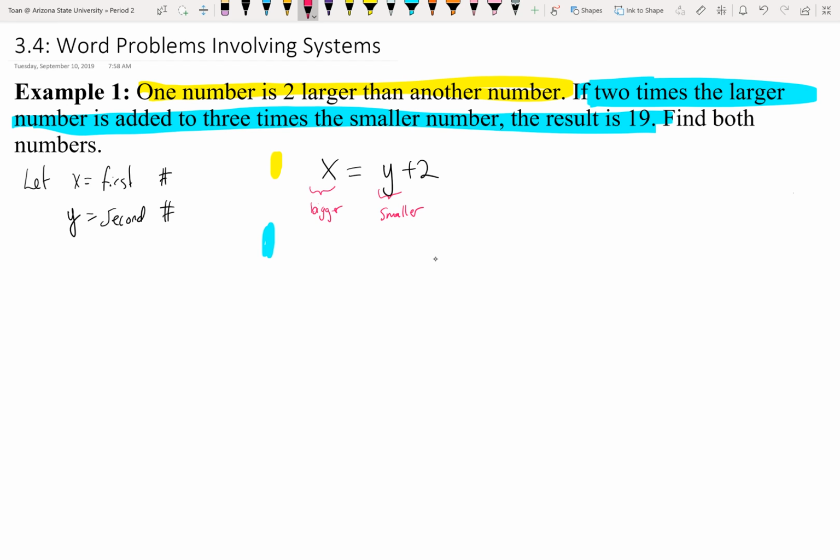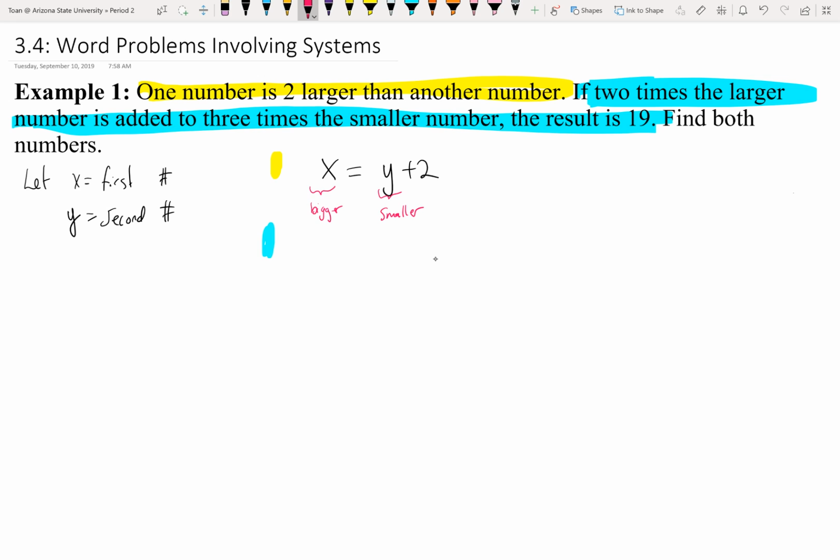Can everyone agree that if I saw the equation x equals y plus 2, x is the bigger number? It's okay if you can't, and if you can't, please let me know so I can explain it to you. Are you okay with the equation itself? One thing you can do is make random examples. Pick a number for y. Y is 7.